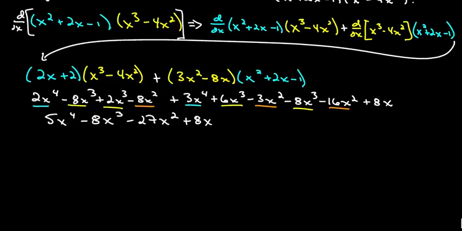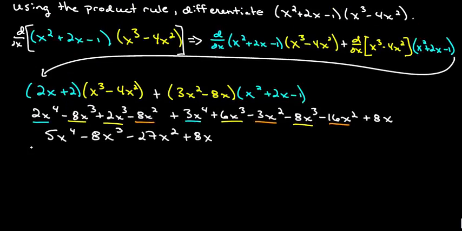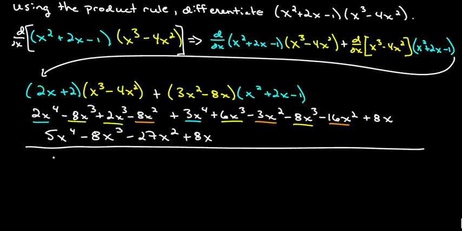Now they ask us to check it by actually multiplying first and then taking the derivative. So the check is to multiply these two together first and then differentiate.